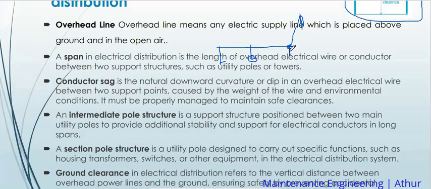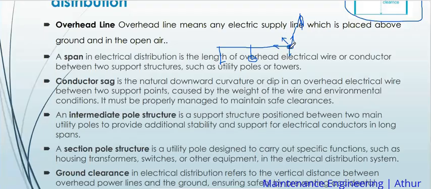When you see this section pole, it means it has many forces. There is a tension here. There is a tension here. So it means after a while, it can be pulled to this side.